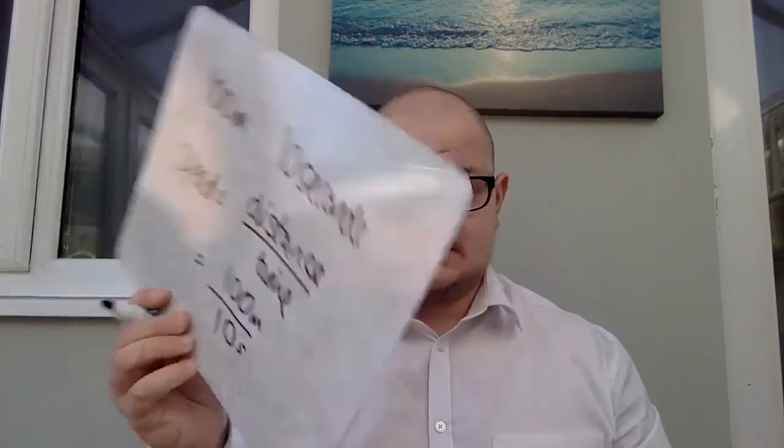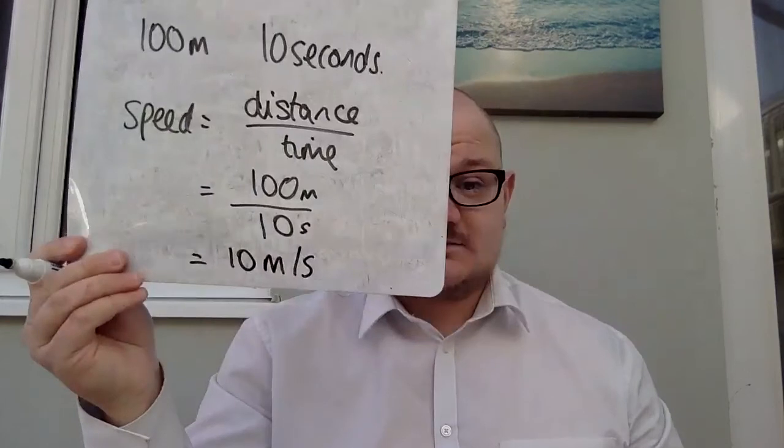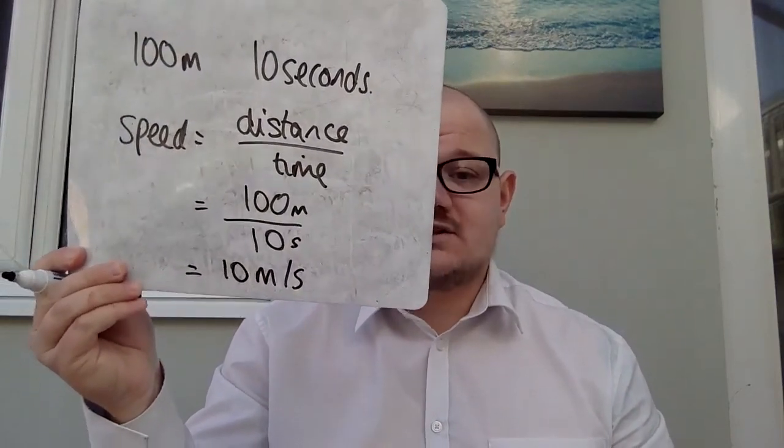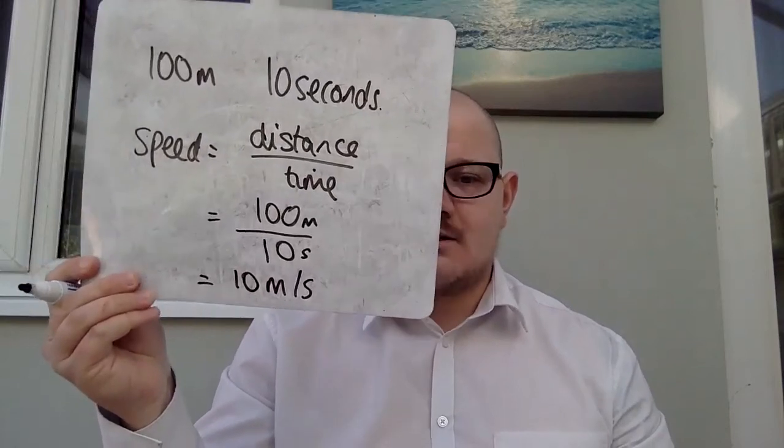So we have a distance of 100 meters divided by a time of 10 seconds. So 100 meters divided by 10 seconds, which means that he travels at 10 meters per second, which means that in every second, he has traveled a total distance of 10 meters.